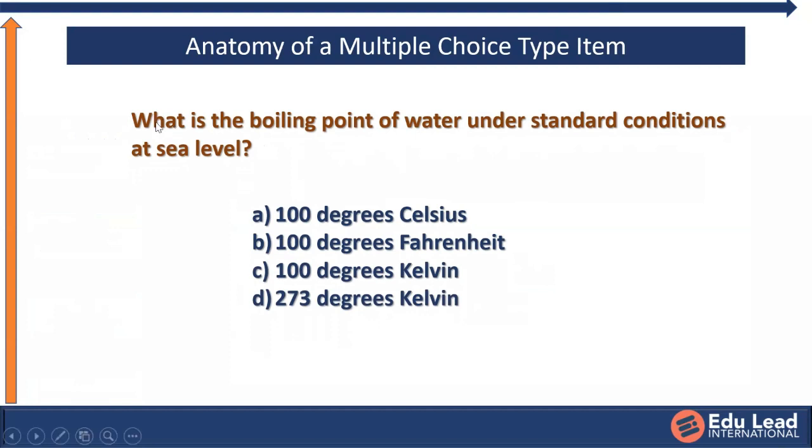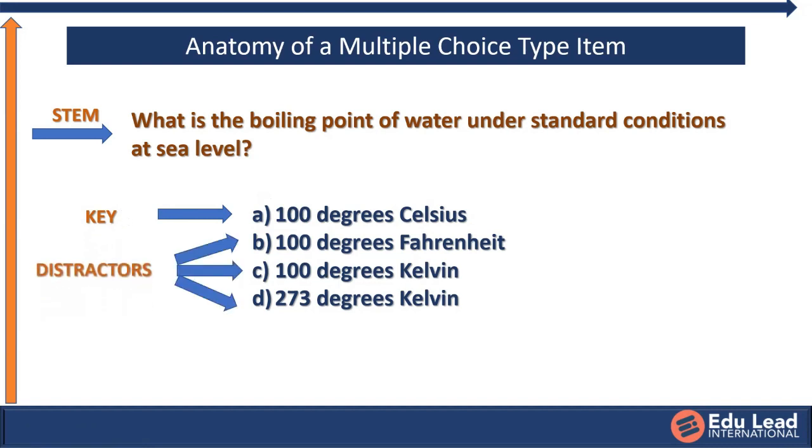Now here, the first part of it is known as the stem. And the second part is known as the key. Now this key is actually the correct answer. And then the other three wrong answers are known as distractors. So we have got three parts of the multiple choice type question: stem, which is the question; key, which is the correct response; distractors, which are the wrong responses.